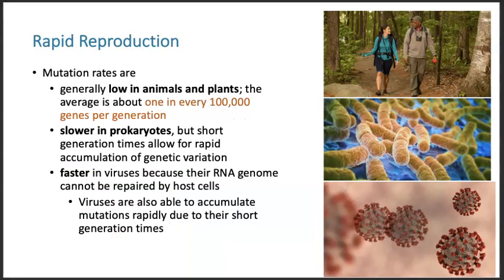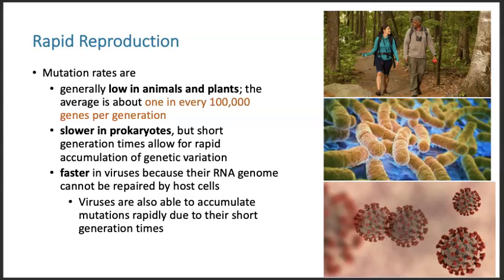Another thing that is important when it comes to variation is that mutation rates interact with reproduction. What do I mean by this? Let's start out by talking about the mutation rate in animals and plants. Generally speaking, the mutation rate is low in animals and plants. On average, we're talking about 1 in every 10,000 genes per generation.